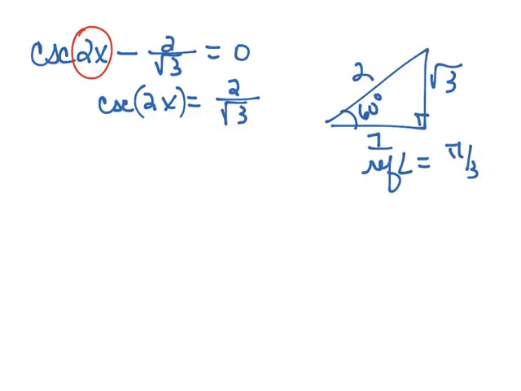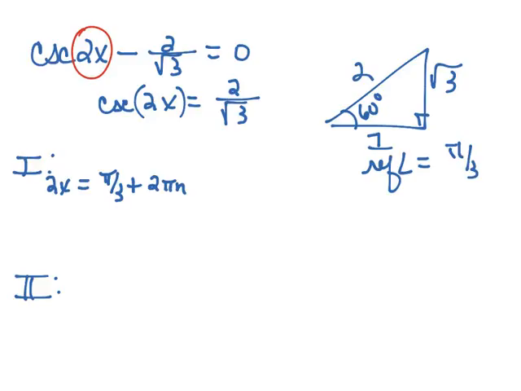So cosecant is positive in the first quadrant, and then cosecant is also positive in the second quadrant. So our first quadrant answer for 2x would be equal to pi over 3, and then we want all the angles coterminal to that, so we would add 2 pi n in.